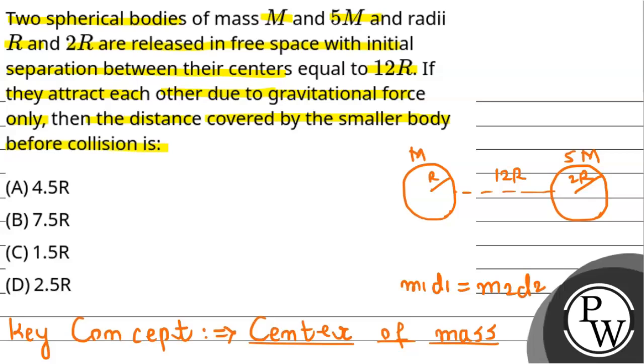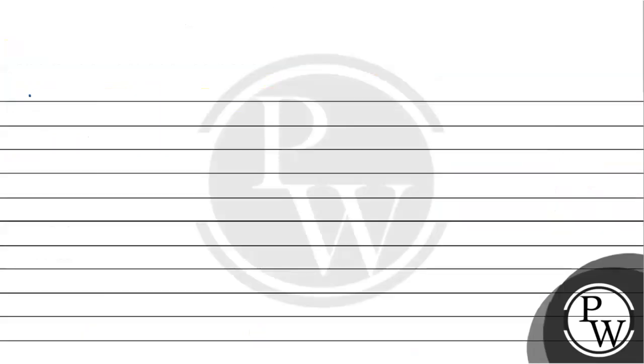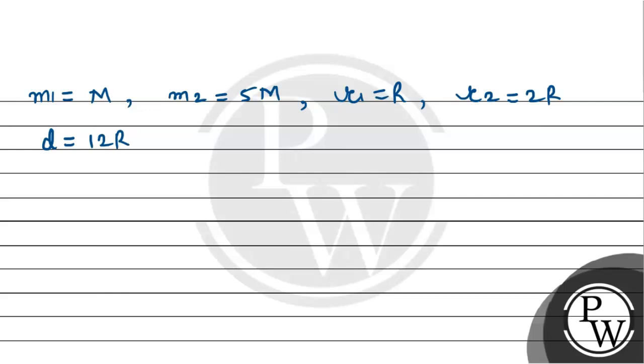So from the given situation, let us consider that m1 mass is capital M, and m2 we will take as 5M. Now the radius of the first sphere r1 equals capital R, the radius of the second is 2r, and the distance between them is d equals 12r. First of all, we will try to find the distance covered by both spheres.